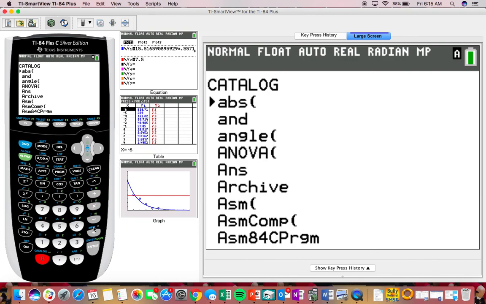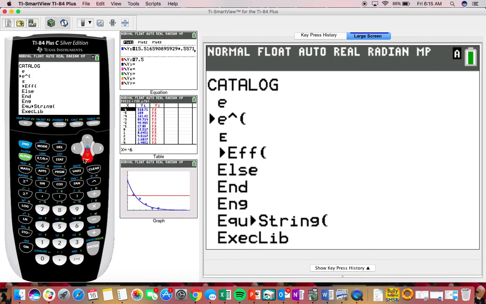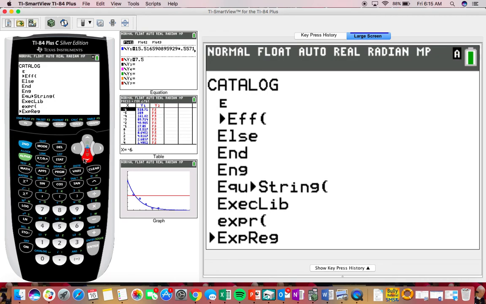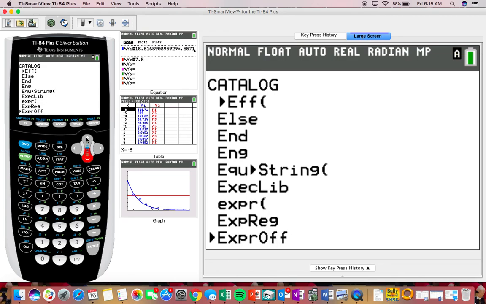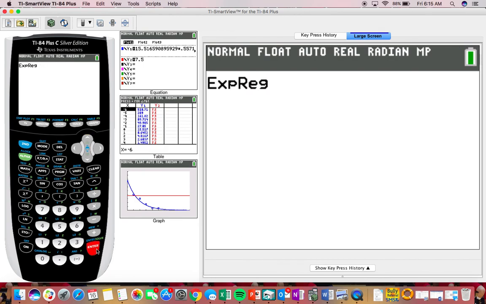When you go and hit, you may end up with something that looks like this, to where you don't have anything to hit calculate for. You don't have that menu that pops up.